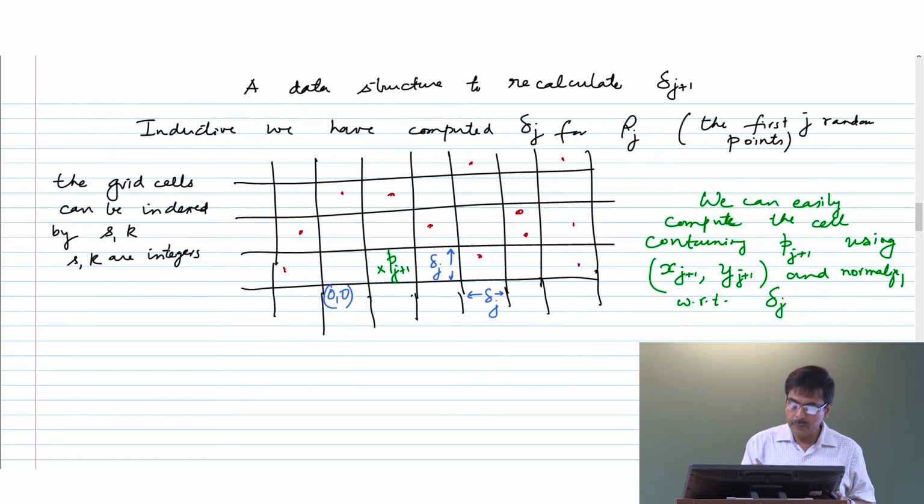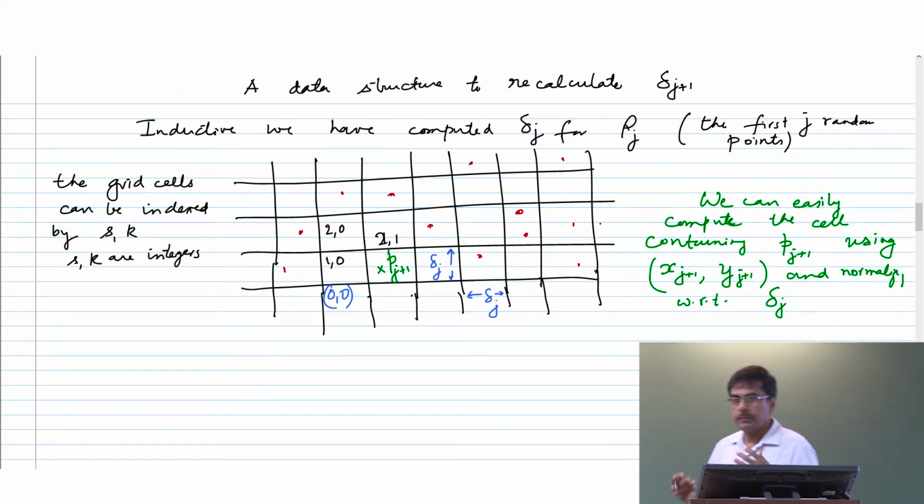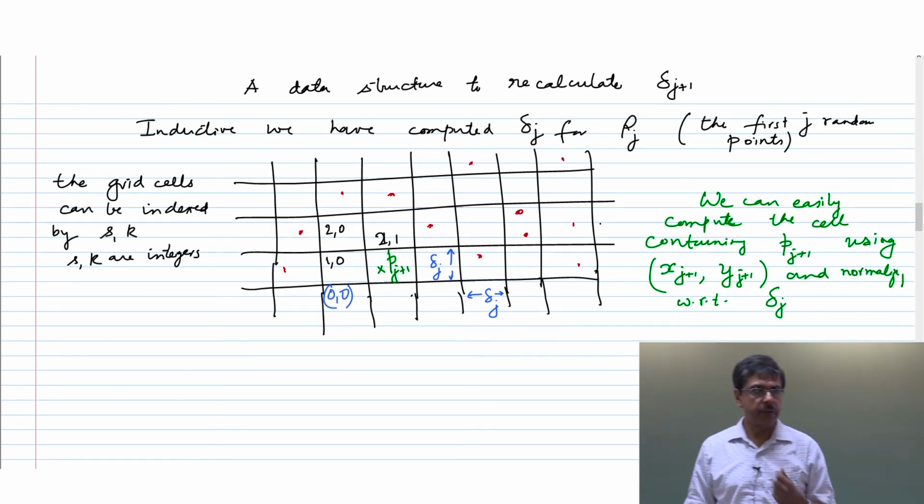I can do some kind of numbering: this is 0, 0. This could be 1, 0. This could be 2, 0. This could be 1, 1. And 2, 1, etc. So every cell has a number associated with it. That's the way I can identify a particular cell.